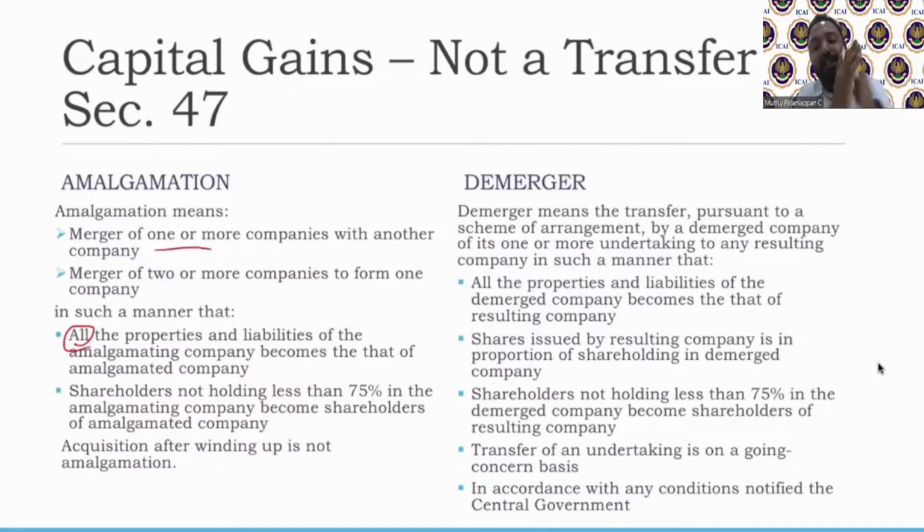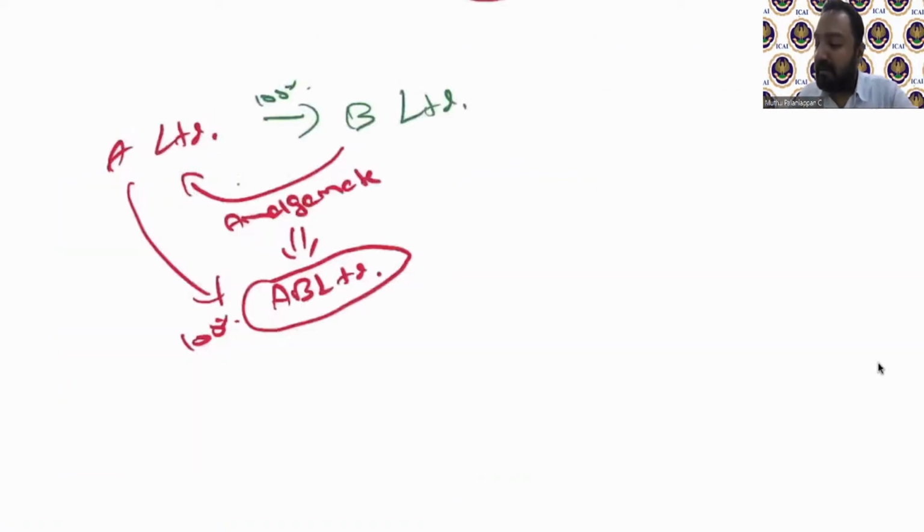So almost three-fourths of the shareholders must be the shareholders of the new company. They should not be left out. But if it is after winding up, that is, during the process of liquidation, if there is an amalgamation after winding up, then this is not applicable.